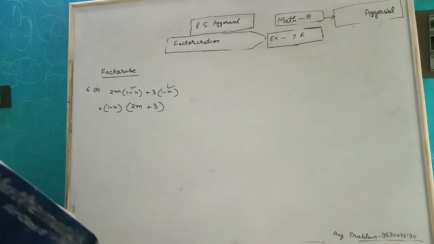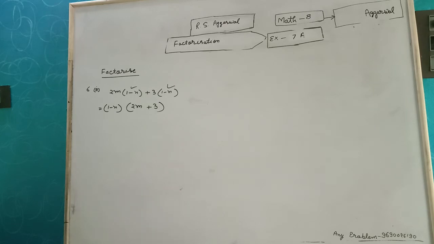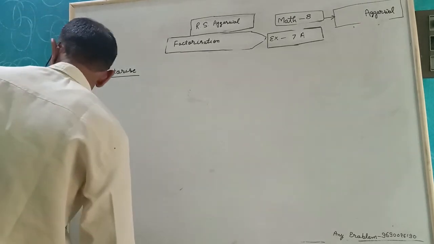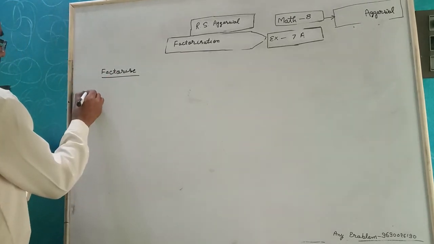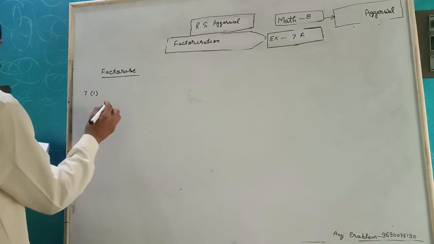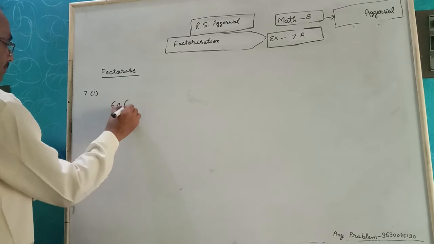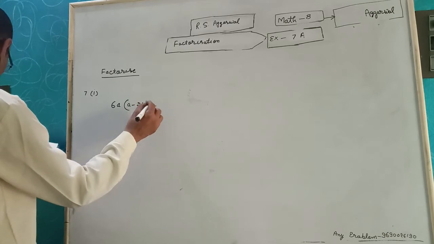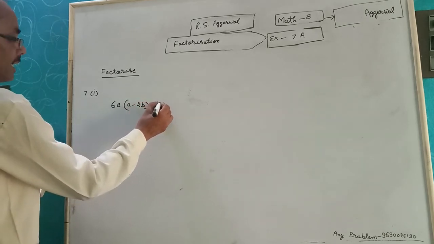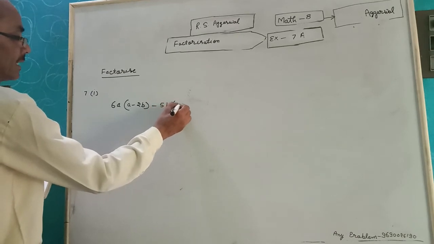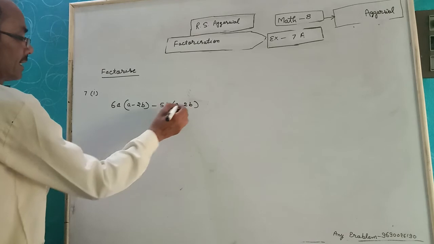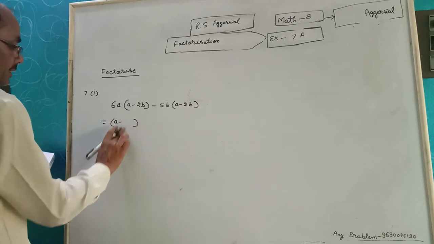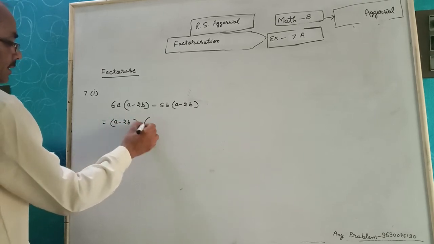Seventh question, first part: 6a bracket a minus 2b minus 5b bracket a minus 2b. a minus 2b will be common from both terms.